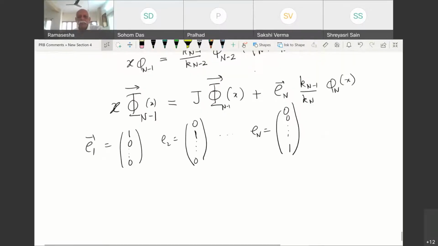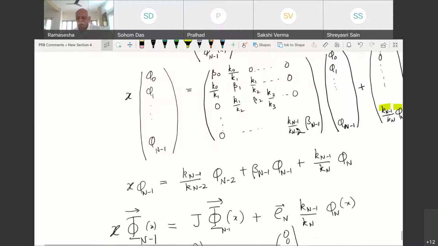Okay. What kind of a matrix is J? Look at this matrix J. What kind of a matrix is J? What is the property of the matrices that you know? What are the matrices you know?